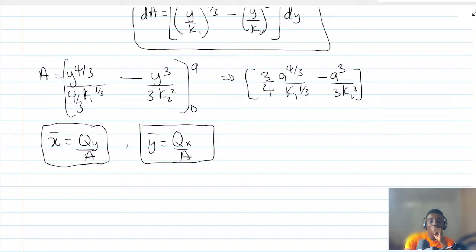Okay, so I want to look at the trusses with you using the method of section. There is a certain question here. I want us to solve it.